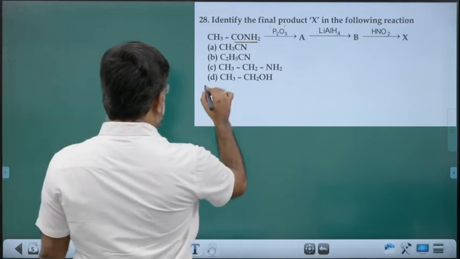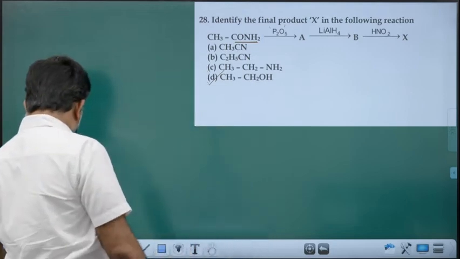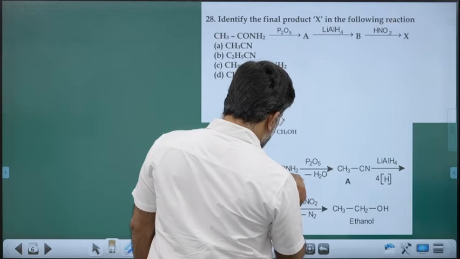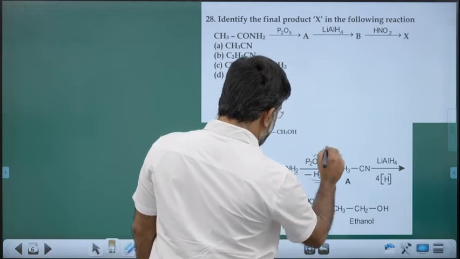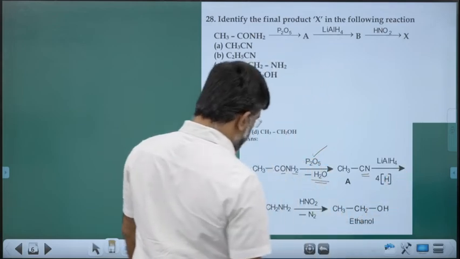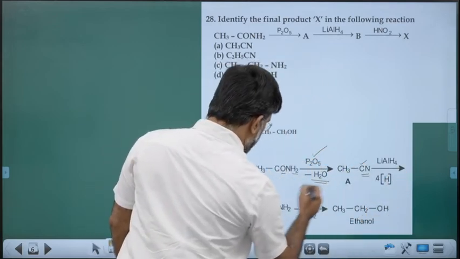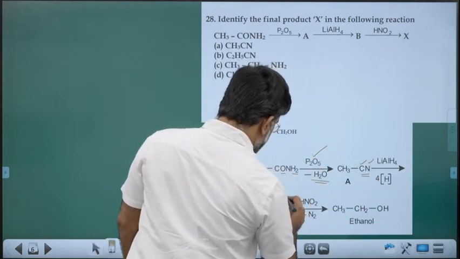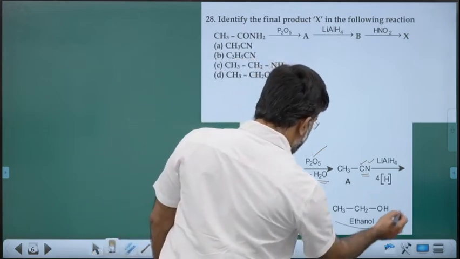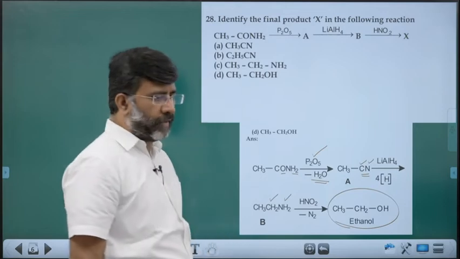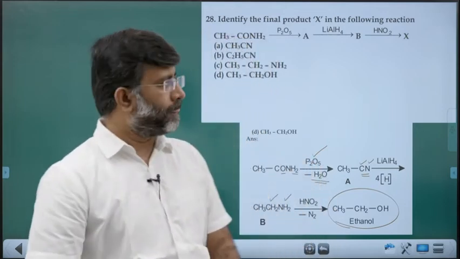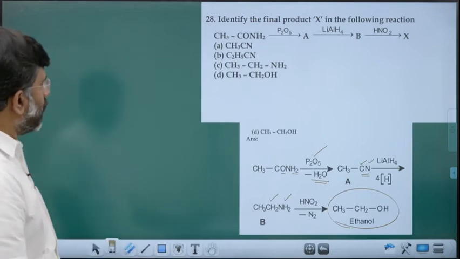Answer is option D. The reactions: CH3CONH2, water is out, this is a dehydrating agent, you get cyanide. Cyanide upon reduction, C is converted to CH2, N converted to NH2. You get primary amine. Being an aliphatic amine, nitrous acid gives you ethanol. And the result is the fourth choice.